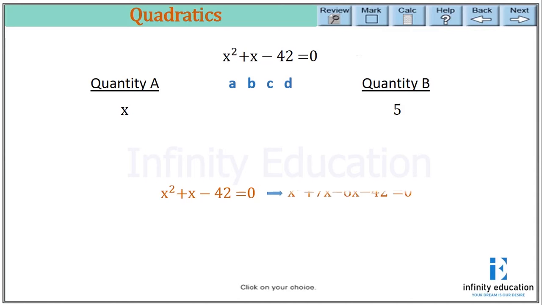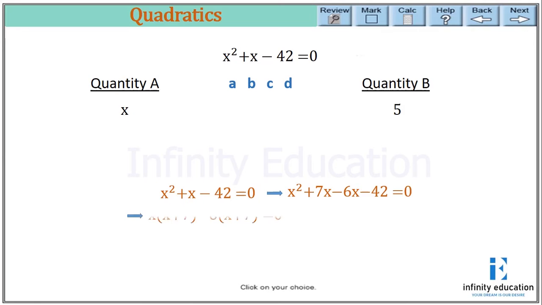Now I have done it like this: x² + 7x - 6x, which is actually the x that was given in the question stem. 7 into -6 gives you -42, and I was looking for -42 because the coefficient of x² is 1 and the constant is -42, so their multiplication is also -42.